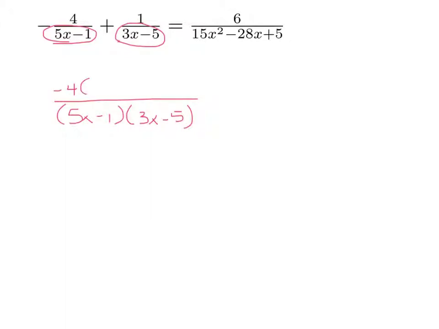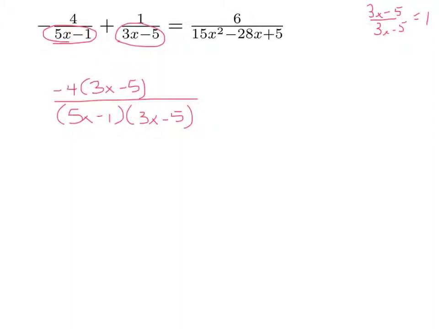So you need to add that to the top as well, 3x minus 5, which basically tells me that you haven't changed anything at all. Because if you remember correctly, 3x minus 5 over 3x minus 5 equals 1. So I'm really not doing anything different than what is already there. So this right here is no different from this here because all I did was multiply by 1.